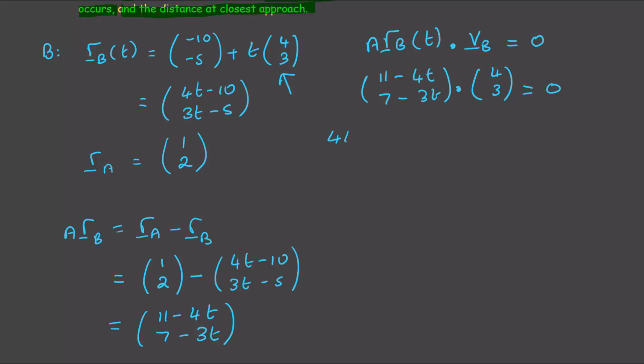So we're going to get 44 - 16t plus 21 - 9t is equal to 0. So that's 65 - 25t equal to 0.